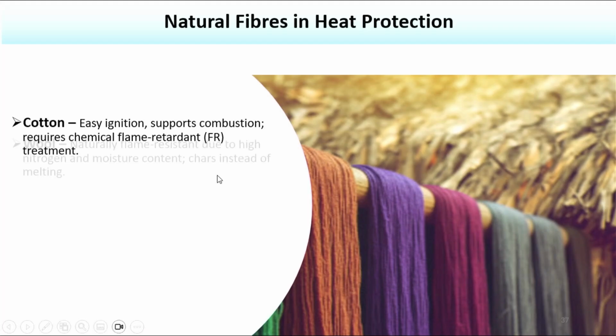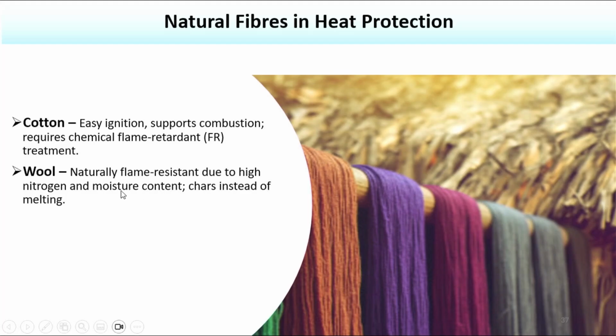Wool is naturally flame resistant due to high nitrogen and moisture content and chars instead of melting. So, wool fibers are still used in different types of heat protective clothing.